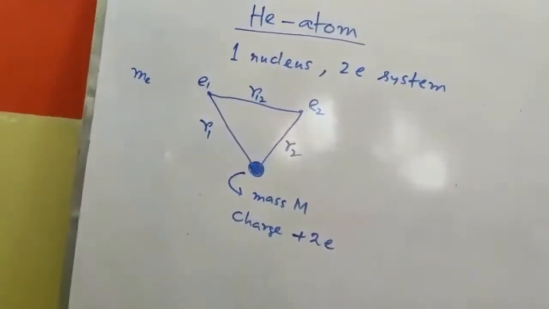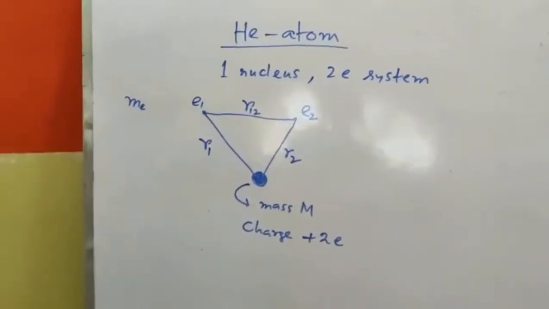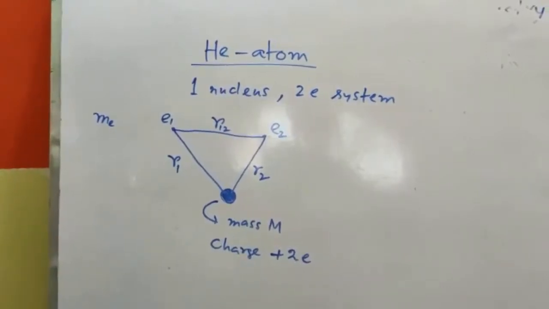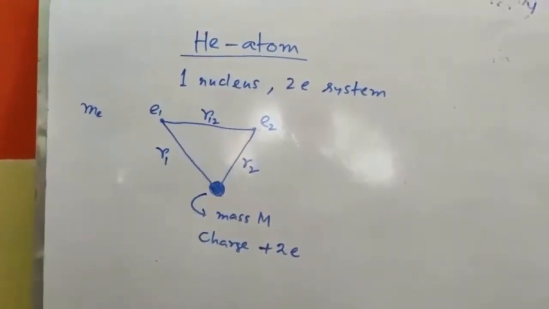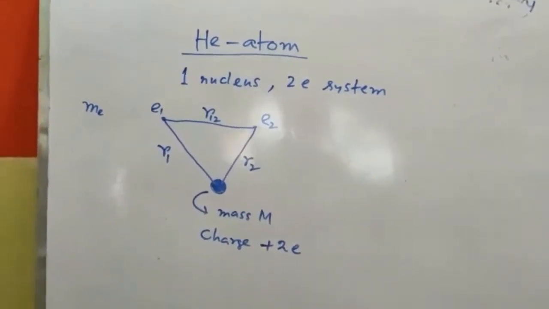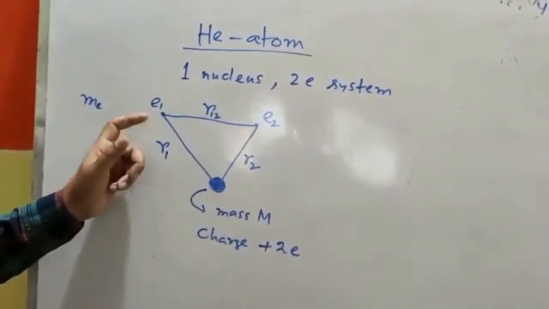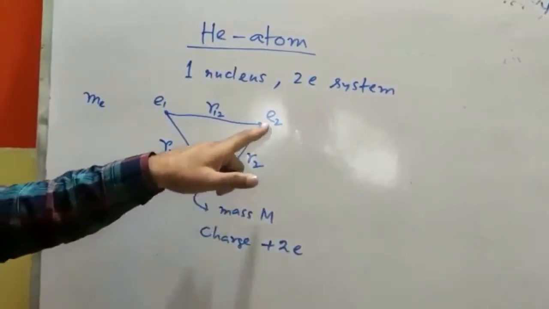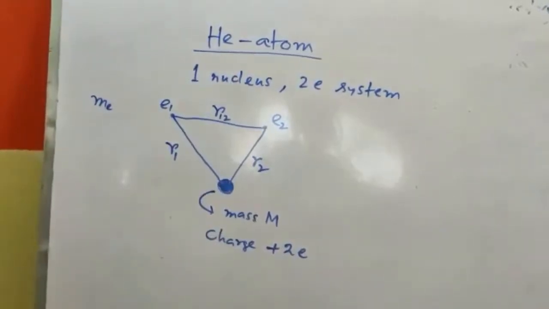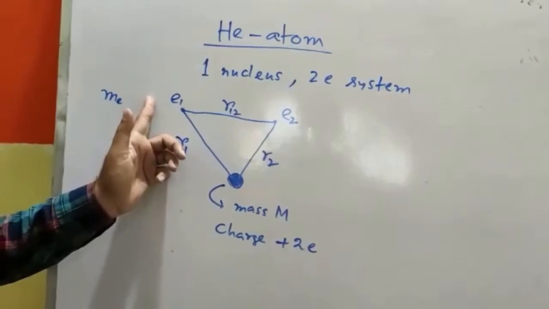Now we have to write the Hamiltonian of this system. For this system, there is kinetic energy of the nucleus and kinetic energy of the electrons, and there are potential energy terms for the nucleus-electron 1 interaction and nucleus-electron 2 interaction, and there is another term, the inter-electronic repulsion term between electron 1 and electron 2.